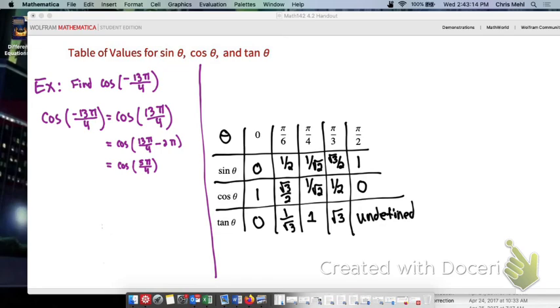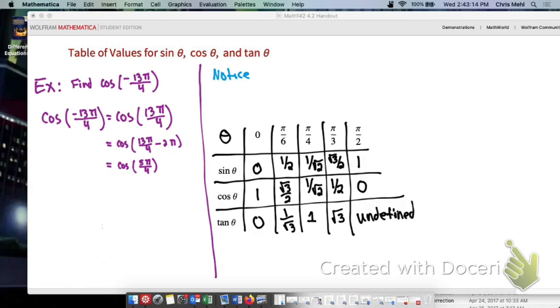All right, so how are we going to do this? Where is 5 pi over 4? Well, 5/4 is between 1 and 3/2.